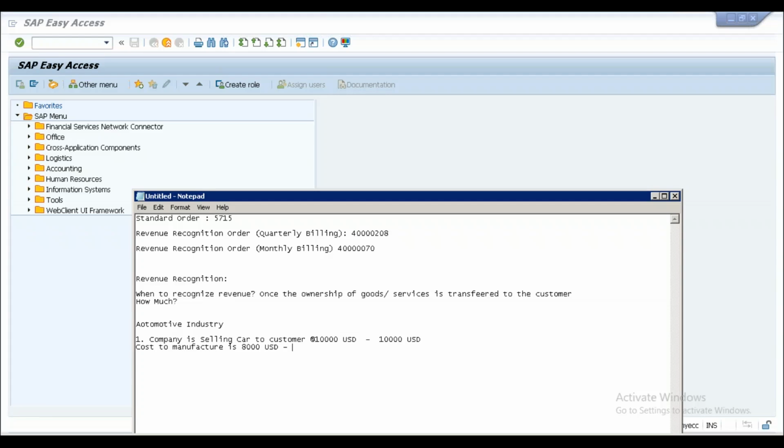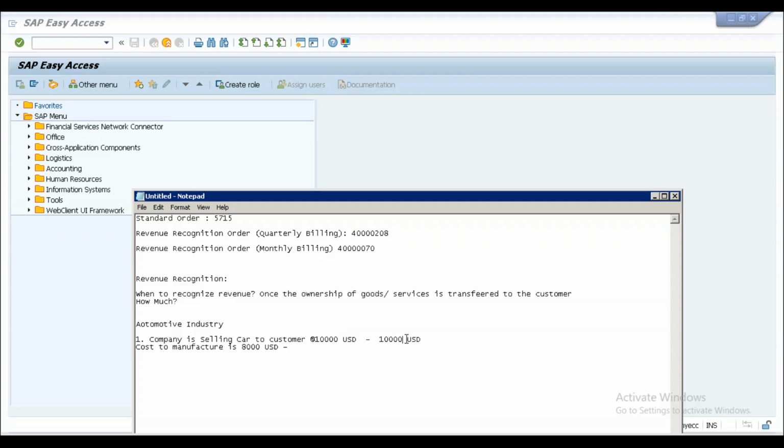Will it change the revenue? Revenue will still remain 10,000 USD, or will there be a difference when I say the cost to manufacture this particular car was 8,000 USD? It should not change, right? Revenue is irrespective of cost.